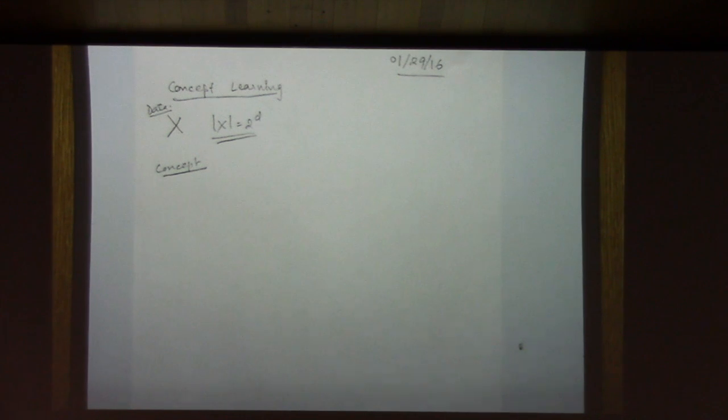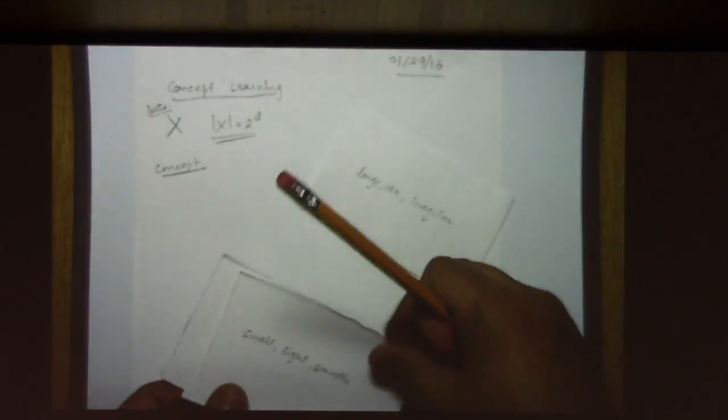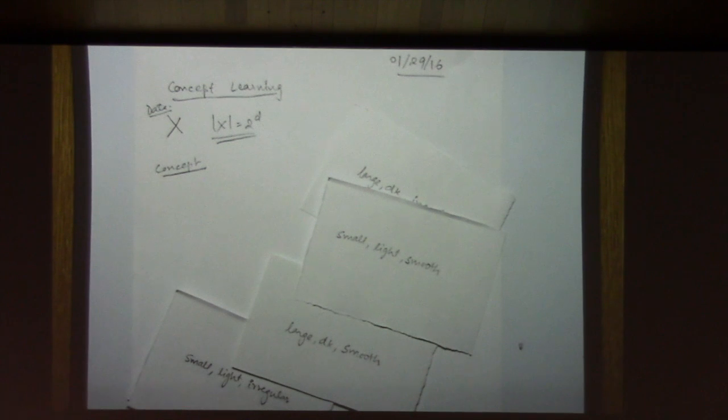In the case of tumors, one possible concept is malignant or not, right? Another could be, is this tumor on the periphery of the tissue? Is that a tissue tumor, or is it on the cerebrum or other part of the brain, right?